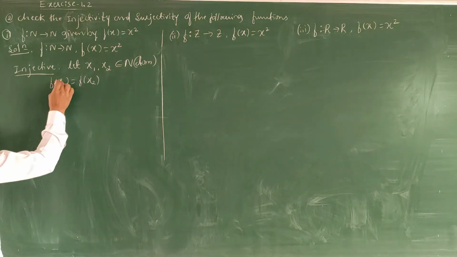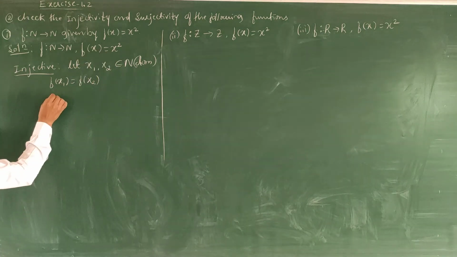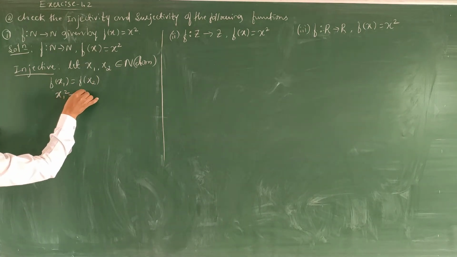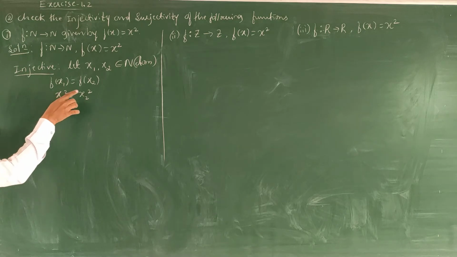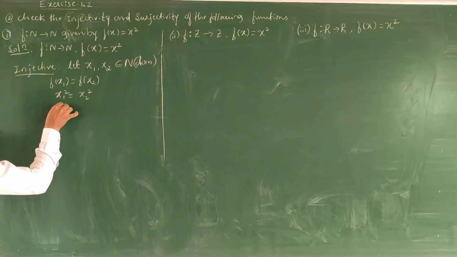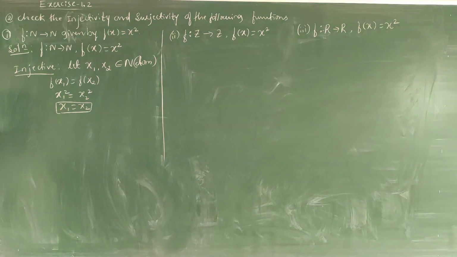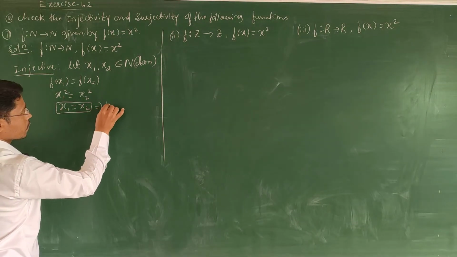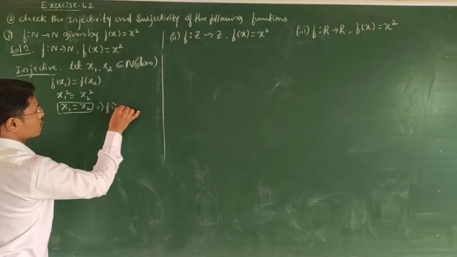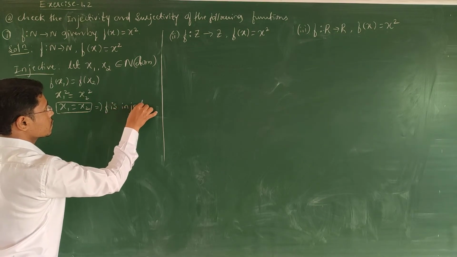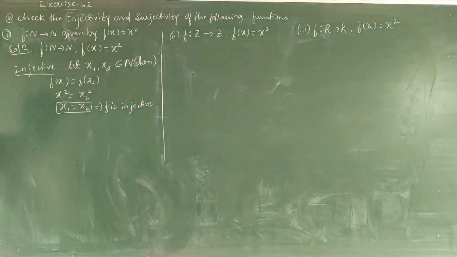Okay, so f of x means x square, so x1 square equal to x2 square. So cancel the square on both sides, you will get x1 equal to x2. So x1 equal to x2 means f is injective, or f is one-one.